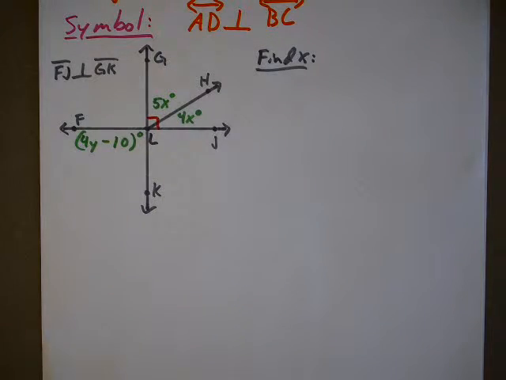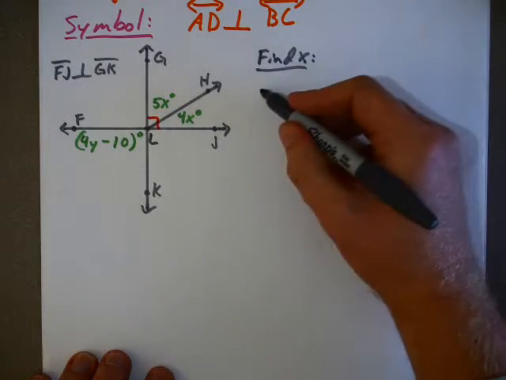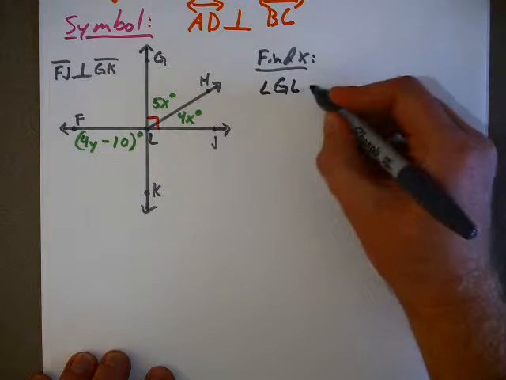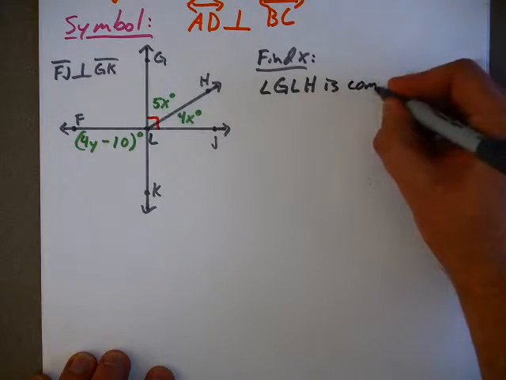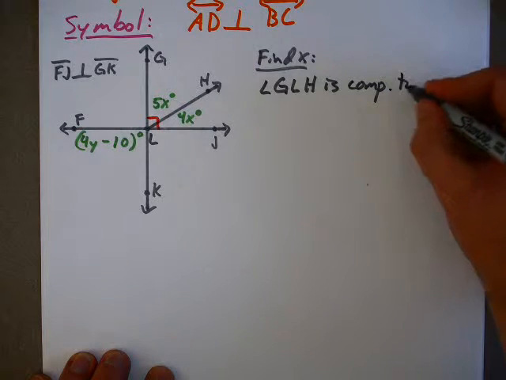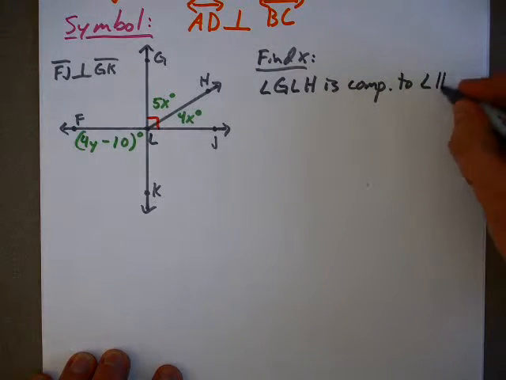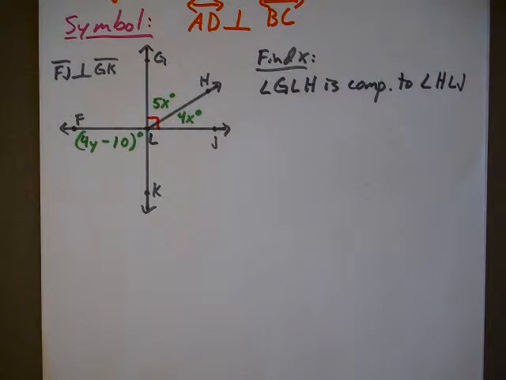And so angle GLH is complementary to angle HLJ. And hopefully you remember what complementary means: if you add those two up, it's going to equal 90 degrees.